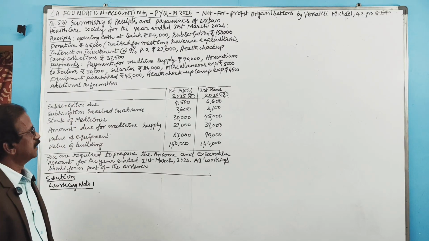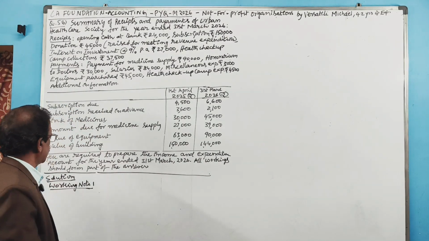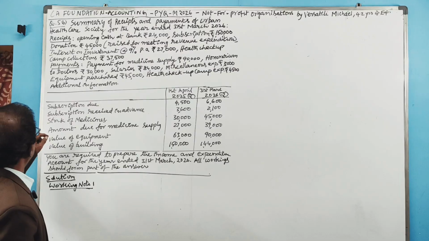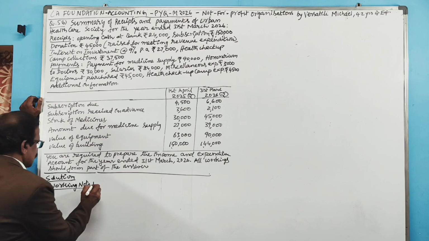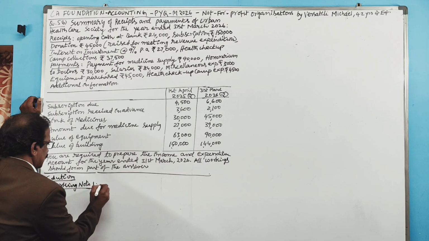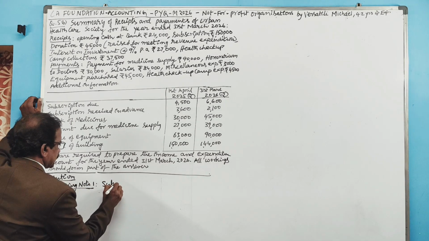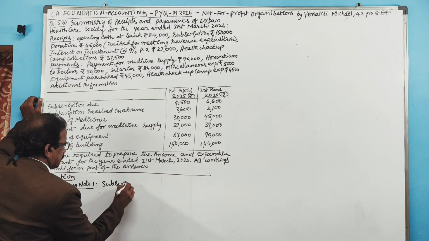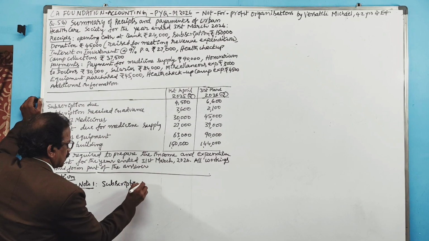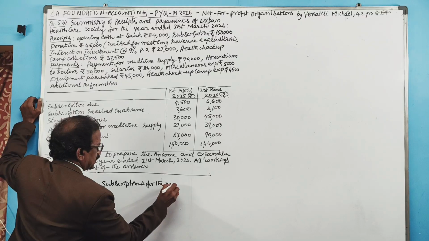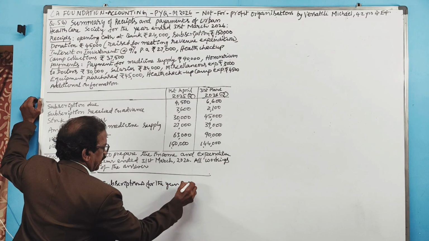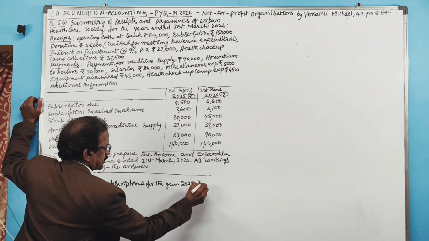While preparing the income and expenditure account, the major working note relates to subscription. So, working note 1, subscriptions for the year 2025-26.